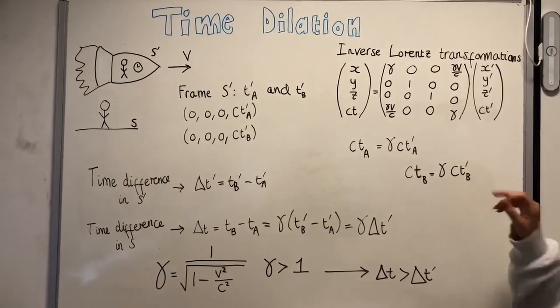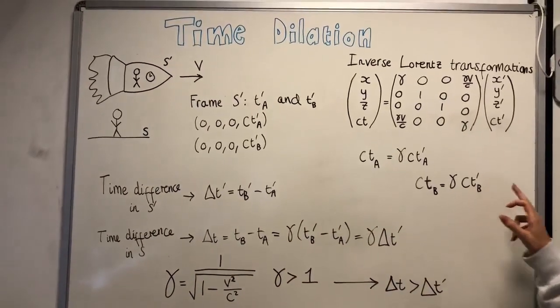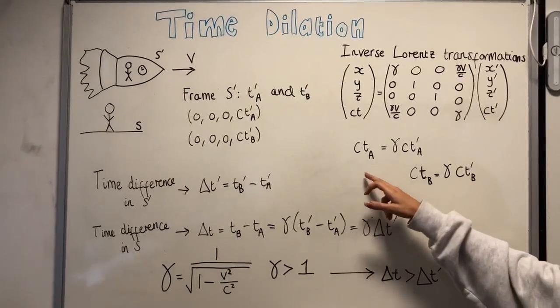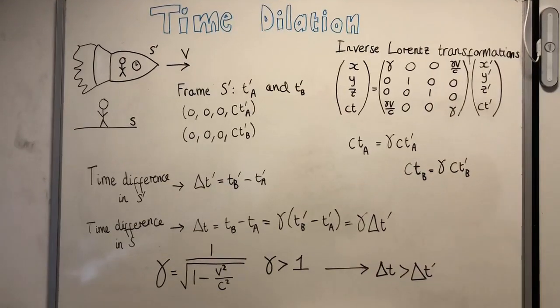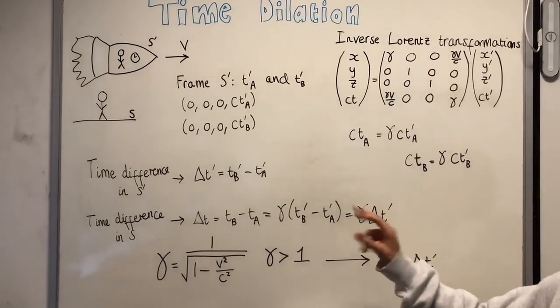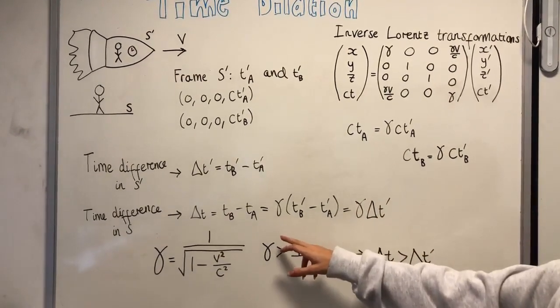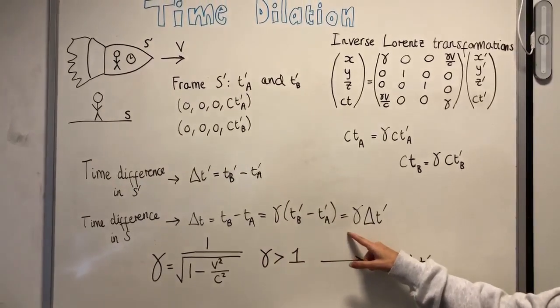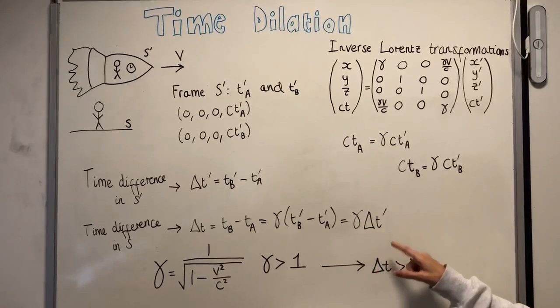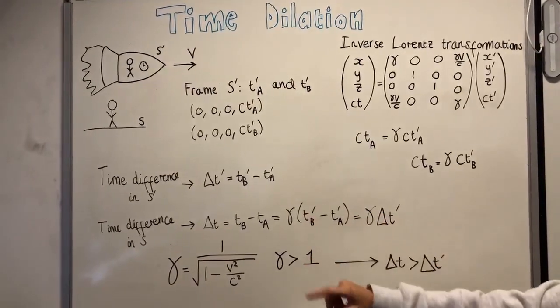Looking at the inverse Lorentz transformation equations, we can see that c tA is equal to gamma c t'A, and the same applies for B. And so the time lapse in S is given by gamma times (t'B minus t'A), which is the same thing as gamma times the time lapse as recorded in the inertial frame S prime.